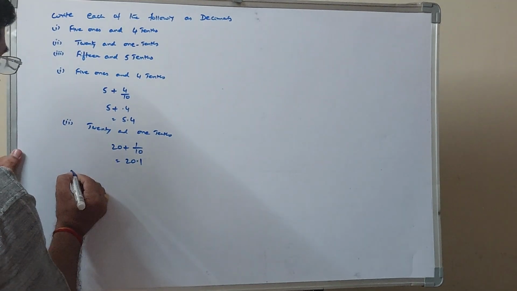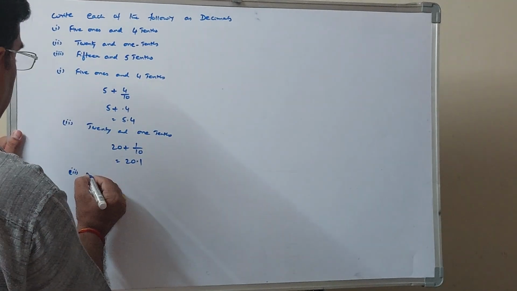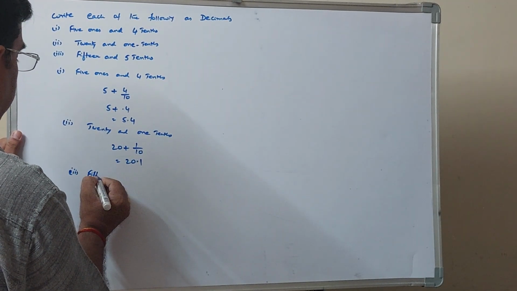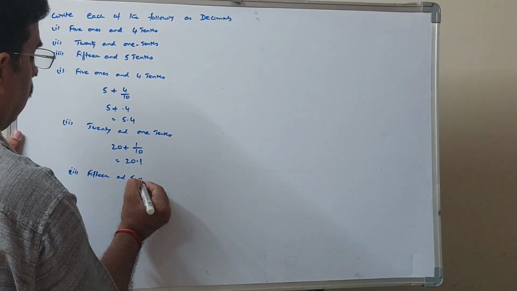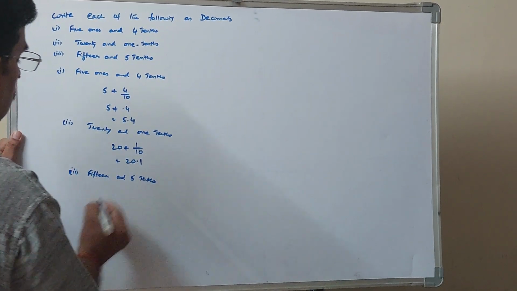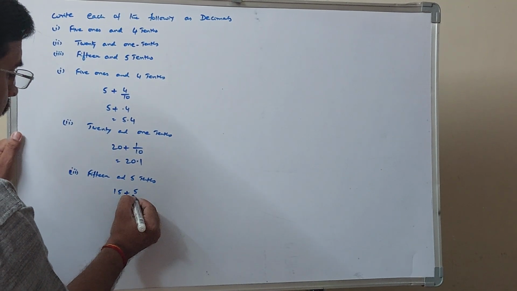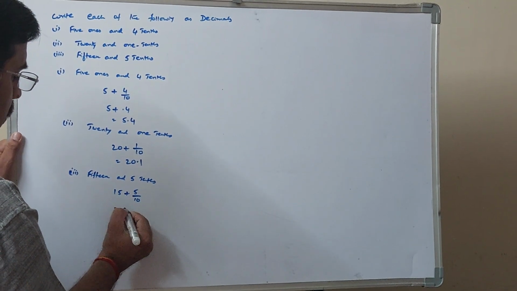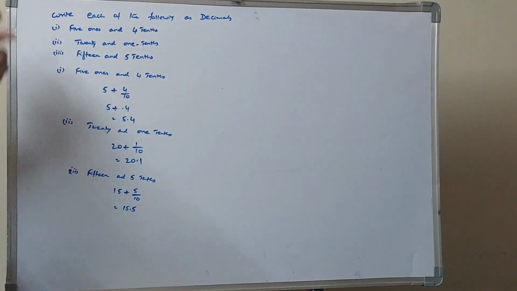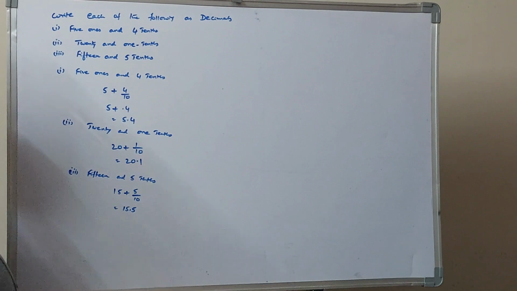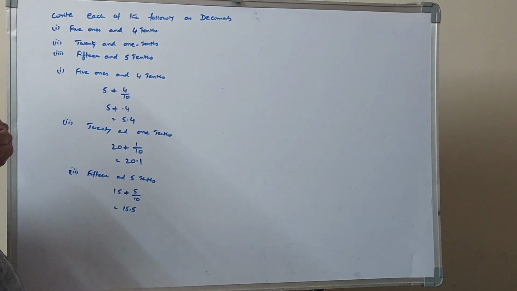Similarly, third one, 15 and 5/10. 15 plus 5/10 is equal to 15.5. So like this you will write them into decimals.